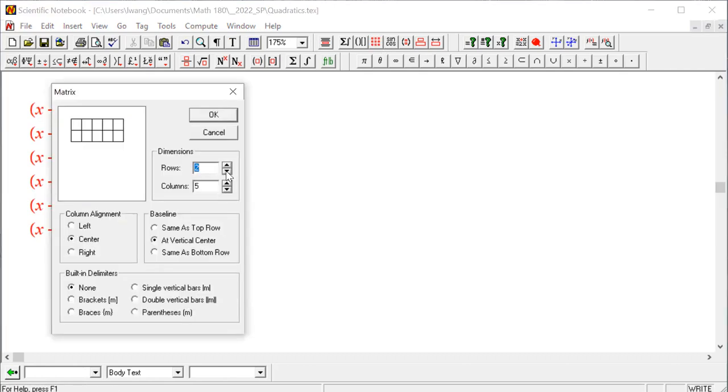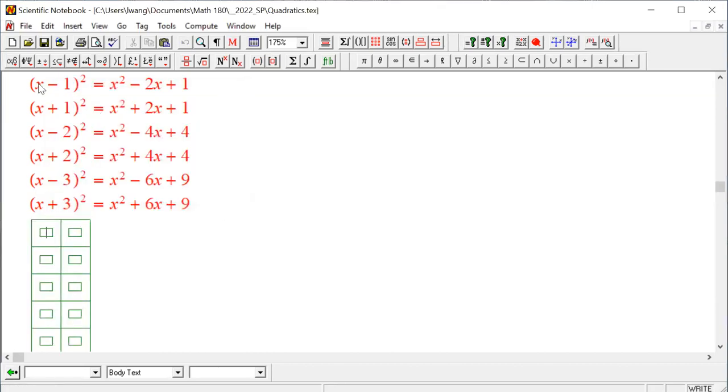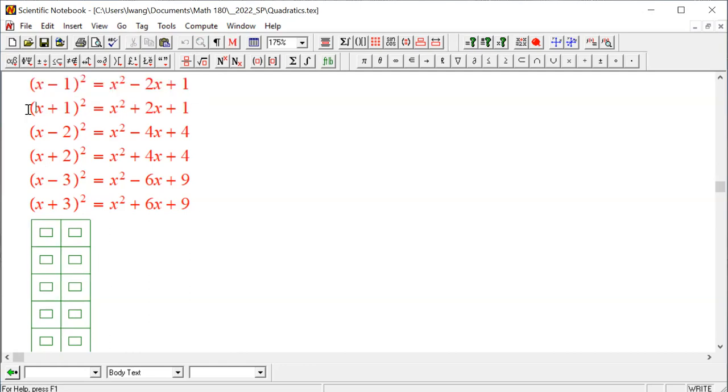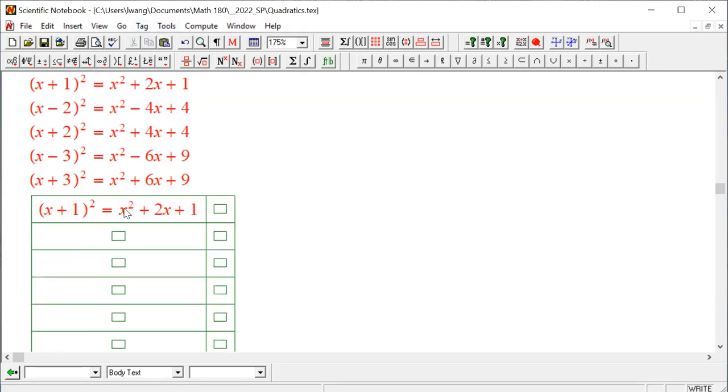Okay, so I'm going to make the table in such a way. We need more rows, but just 2 columns. I'm going to combine these two because they are almost the same, aren't they? So I'm going to make it plus minus.